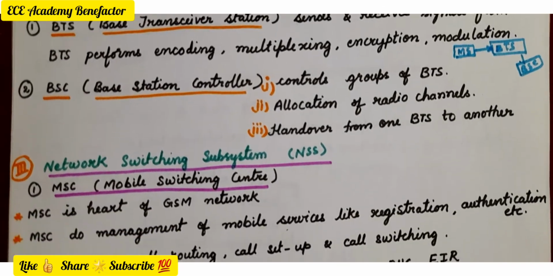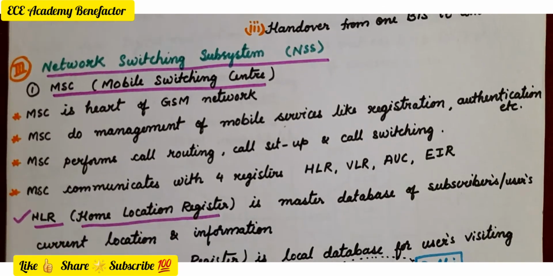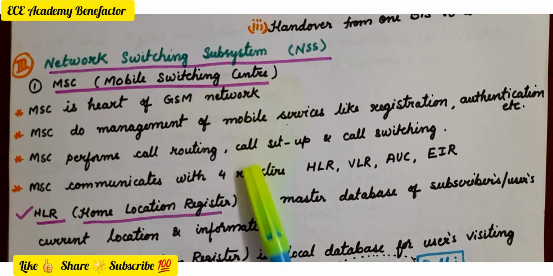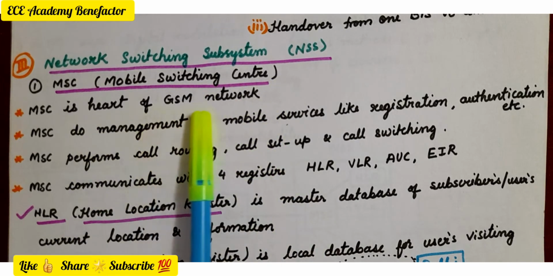Third section of the GSM architecture is NSS, that is Network Switching Subsystem. It comprises MSC as well as 4 registers. MSC stands for Mobile Switching Center. MSC is the heart of the GSM network.